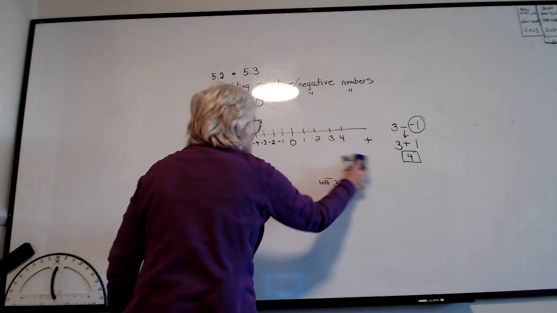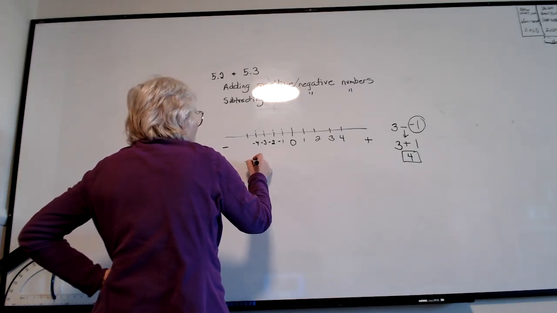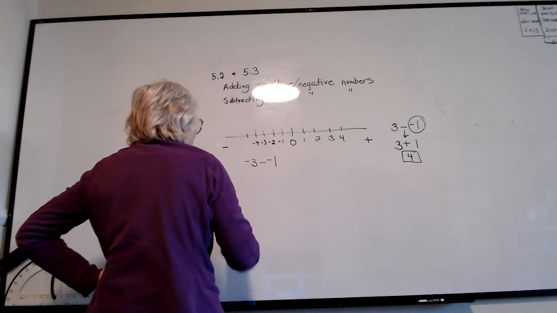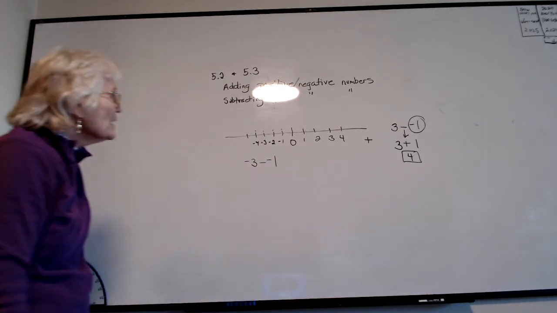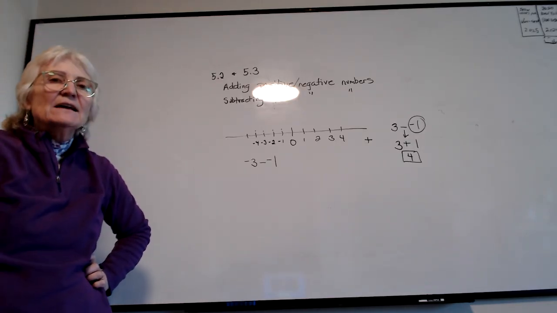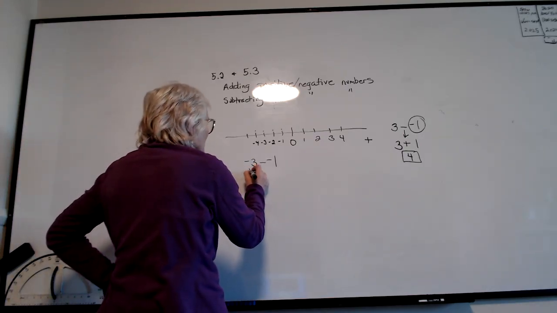When we get to this one, which is negative 3 minus a negative 1, okay? At this point, again, you have to read this very carefully, okay? We are going to start at negative 3.